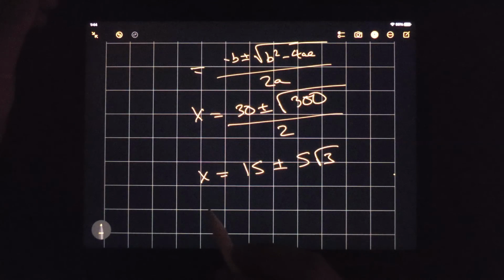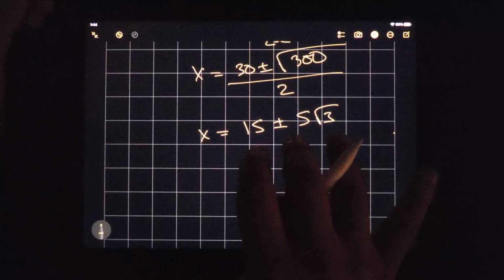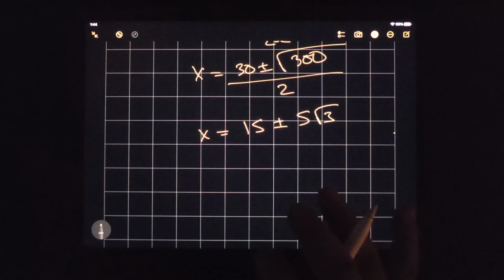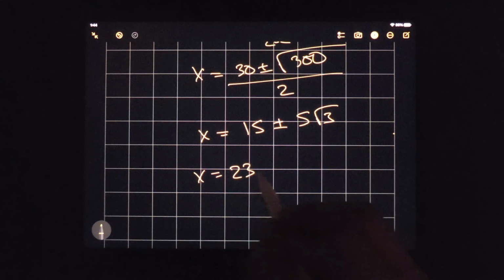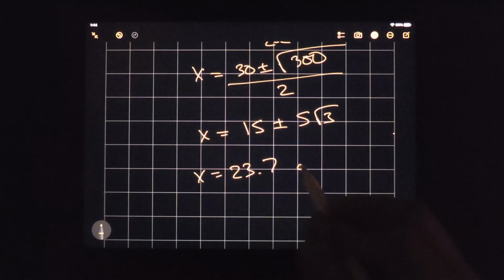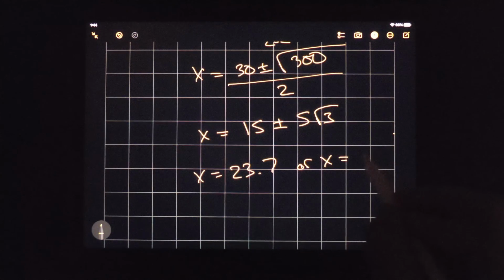So let's see, x will be about 23.7 or x will be 6.3.